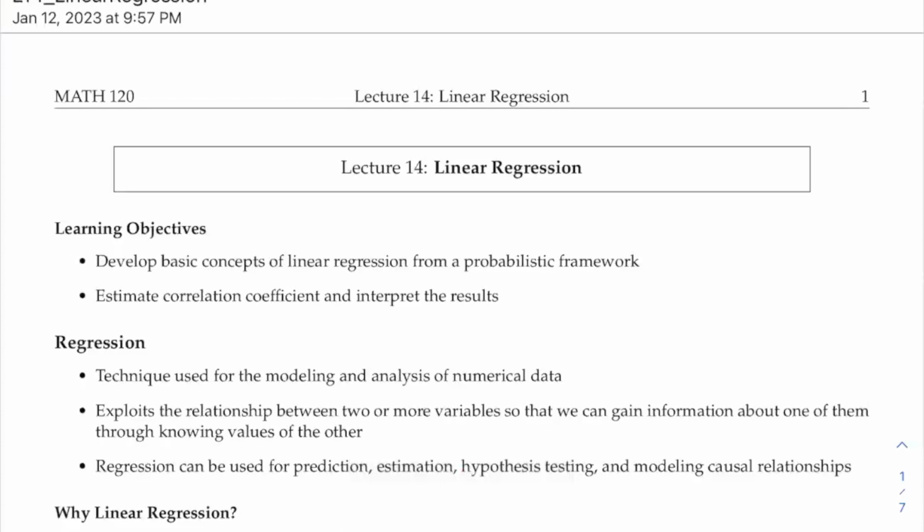Probably the most basic regression model that we're going to look at is the linear regression. It's very similar to the least square criterion that we looked at a few lectures ago.